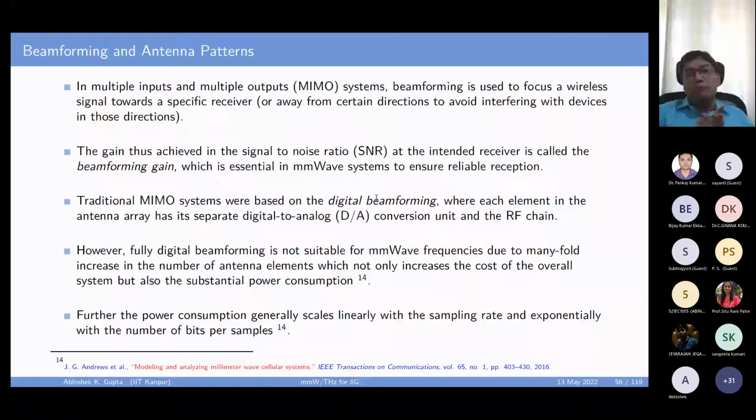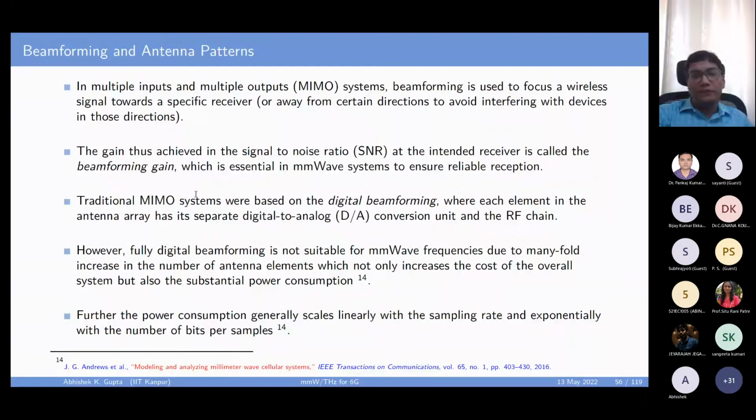Normally in an omnidirectional antenna, the power is spread in all directions. But using a beamformer, you can send power into one direction. So this saves our energy, and it also helps us get gain in a particular direction while not causing interference to other base stations.